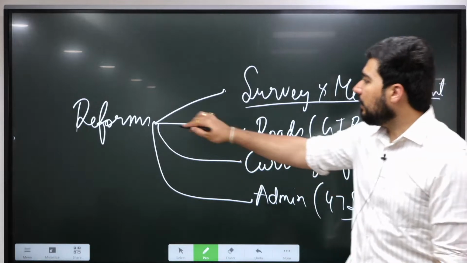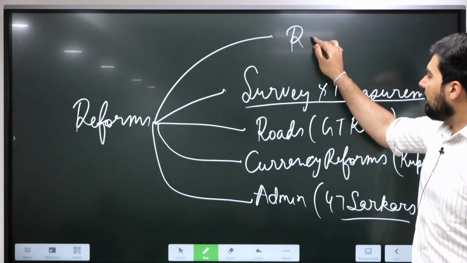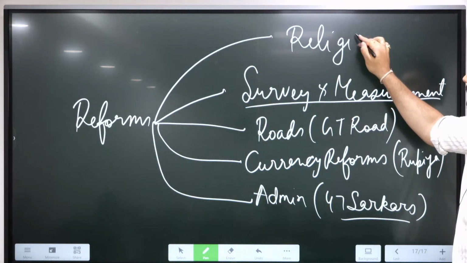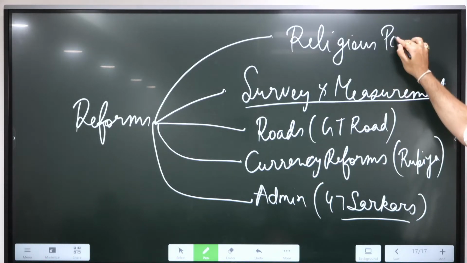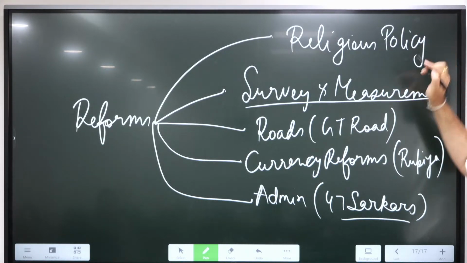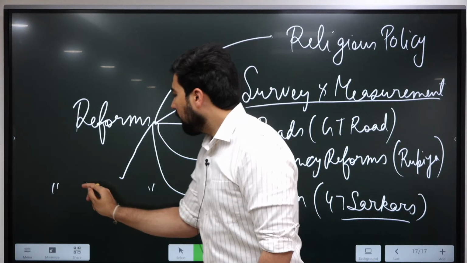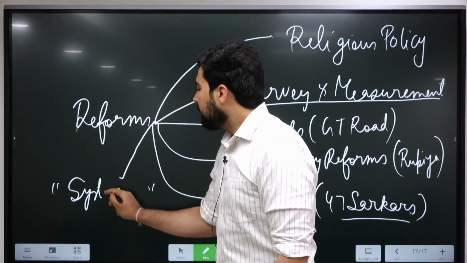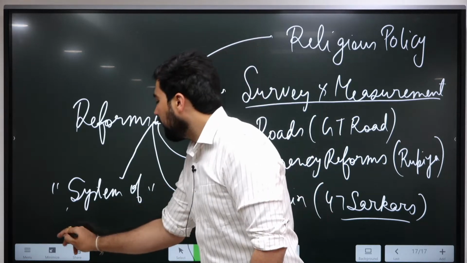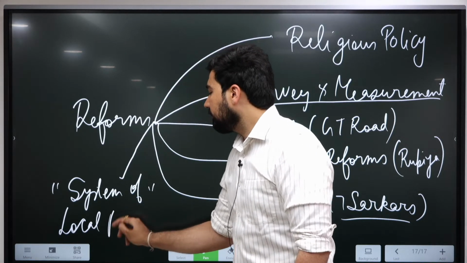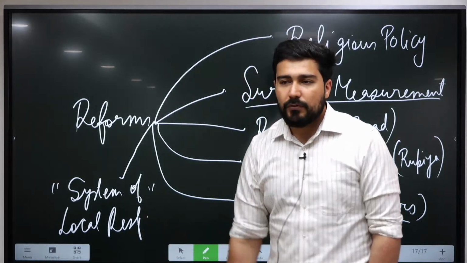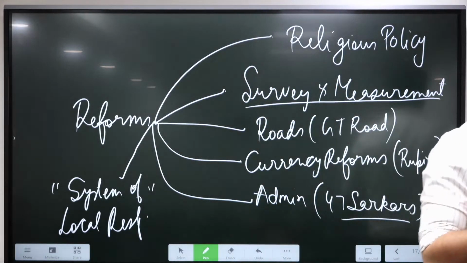He was liberal in his religious policies. He created a very unique kind of system known as the system of local responsibility. Like you must have watched in the movie, how does a mafia operate?